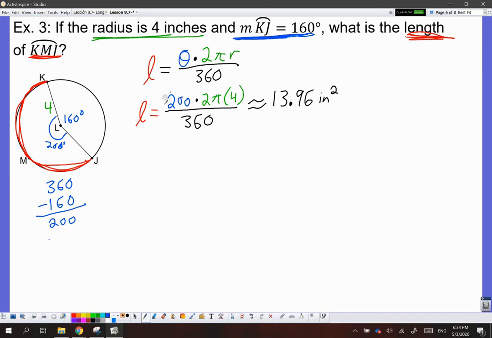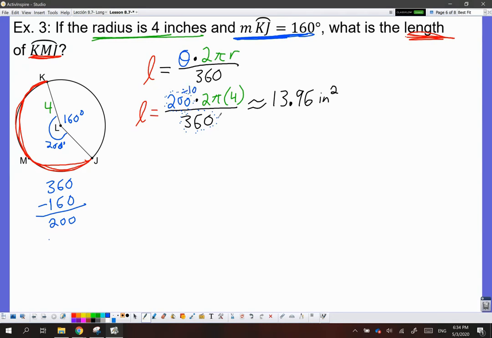And let's do a little circle here. And then I'm going to try to reduce that with 360. So if I look at these two numbers, right away I know that I can divide both of them by 10 because they both have a 0 at the end.